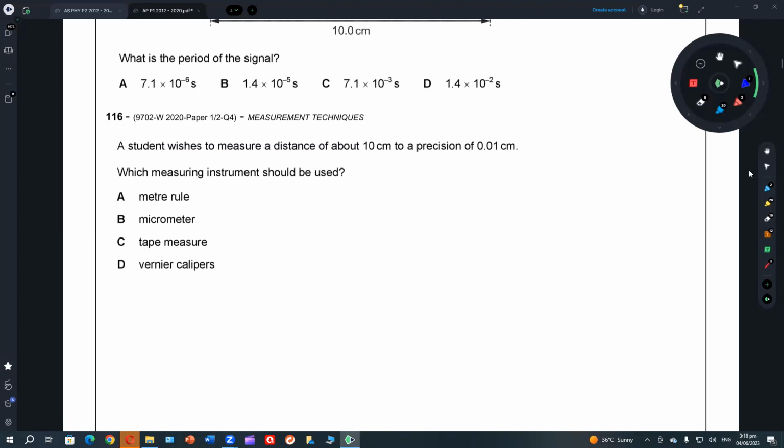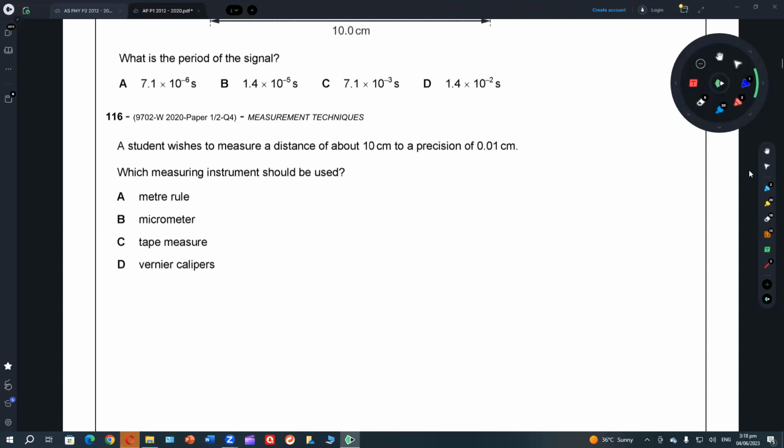A student wishes to measure a distance of about 10 centimeter to a precision of 0.01 centimeter. Which measuring instrument should be used? 0.01, so whose least count can handle that? It will be something like a vernier caliper, because the rest are bigger.